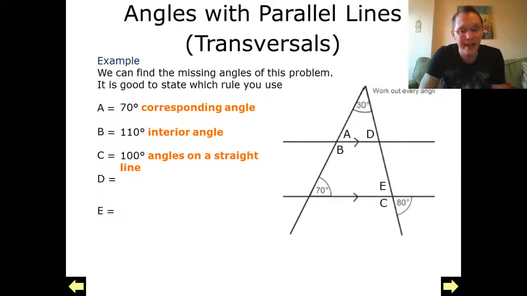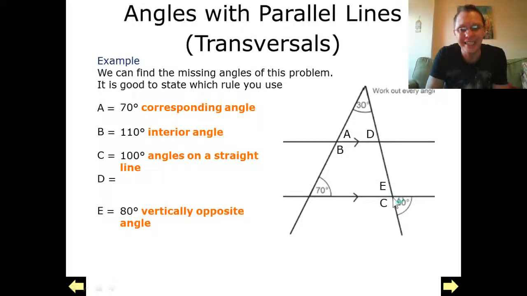Angle C, I have used angles on a straight line to find C. So 180 take away 80 leaves me with 100 degrees. Now, I could go and calculate angle D, but I've decided that I'm going to jump straight to angle E and calculate angle E first. Angle E is 80 degrees because it's vertically opposite an 80 degree angle, so it has to be 80 degrees.